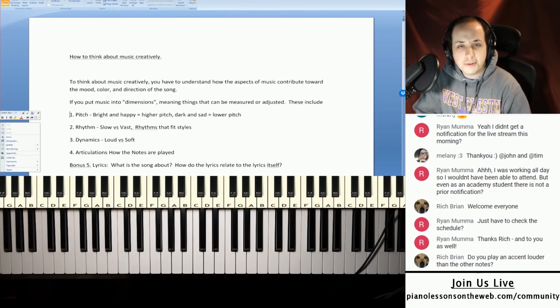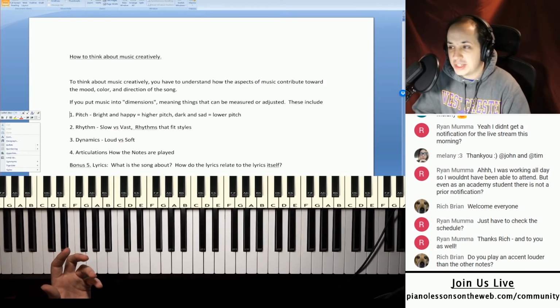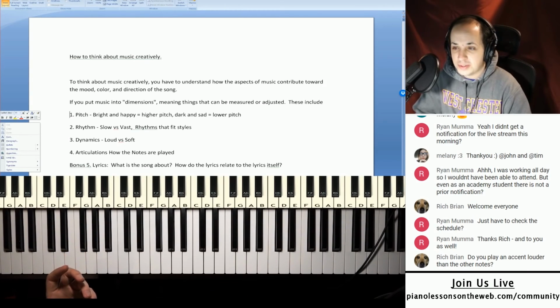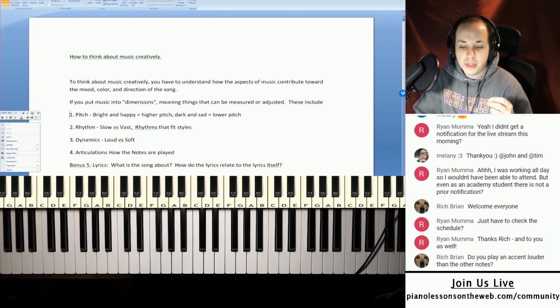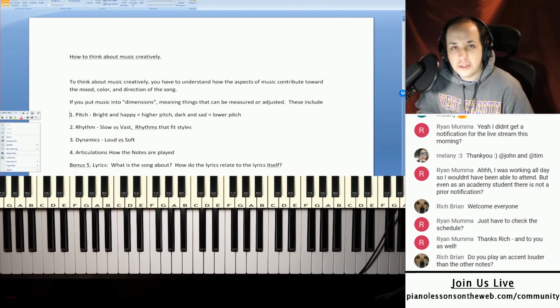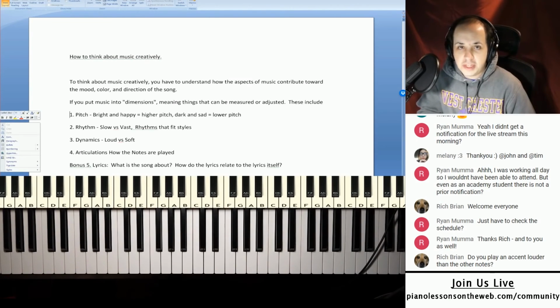Because when somebody writes a song, it's not just lyrics, although with some music today, that's all it is, lyrics with electronic sounds to it. A lot of times artists will match the lyrics with all of these musical elements to create the overall feel of the piece. You can definitely mess this up by mismatching all of these things.